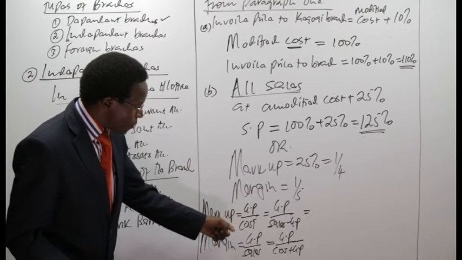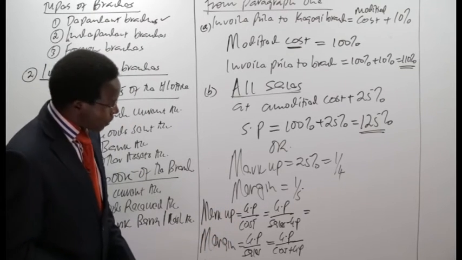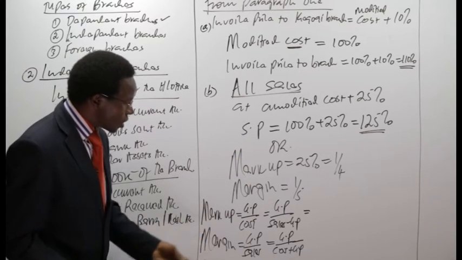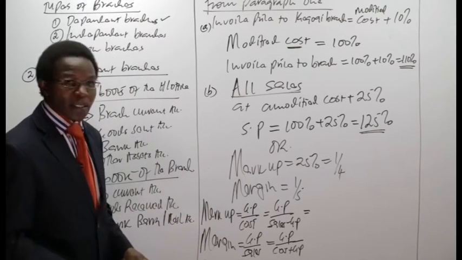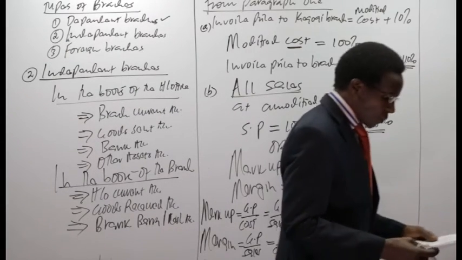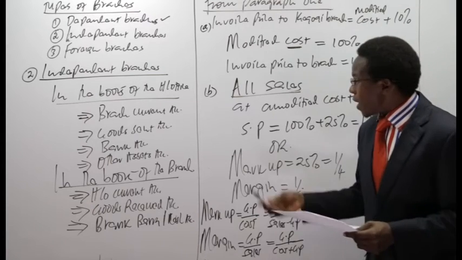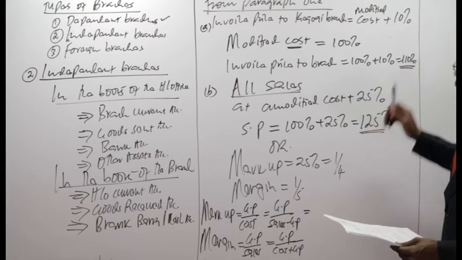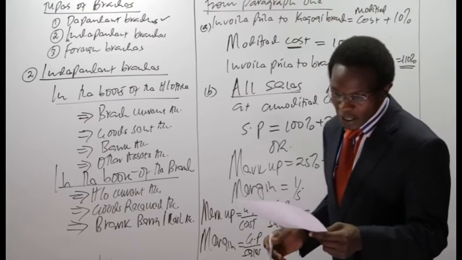So if you're given a markup, you can easily get a margin. Let's say that our markup is A over B, then it means that our margin will be A over B plus A. That's important. So you need to remember this concept. Fine. So we know that the selling price is 125% and the invoice price to the branch is 110%.